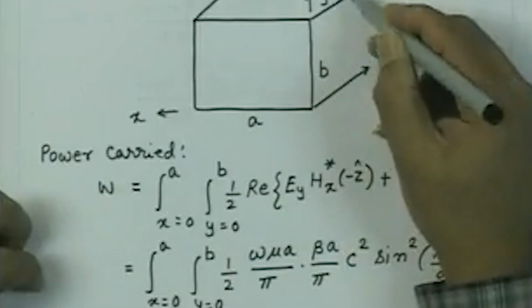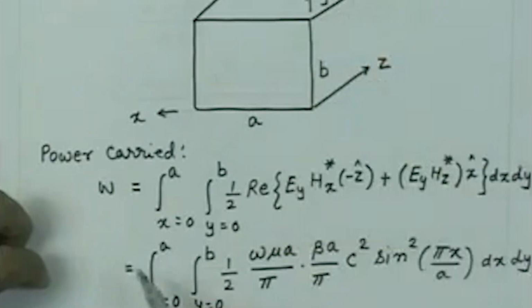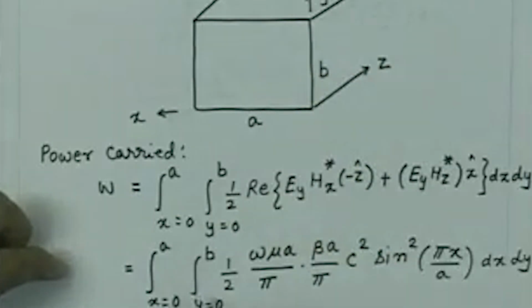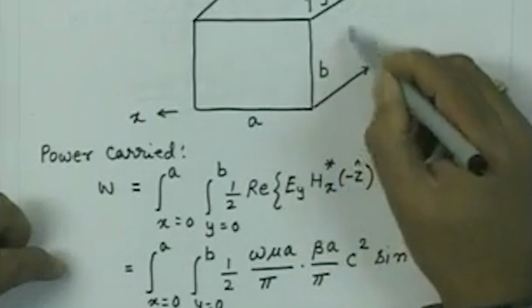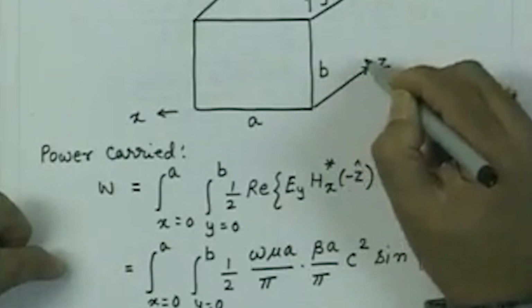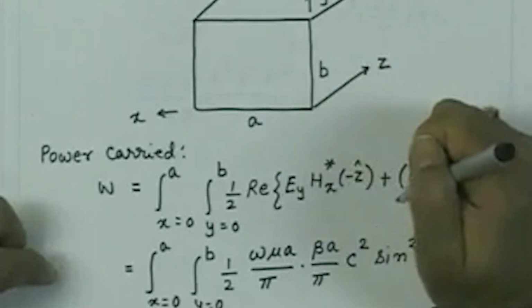So, on this wall the current is constant, because the z component of the magnetic field, which is Hz, does not vary as a function of y. So, on this wall essentially we have the current which is oriented in this direction, and it does not vary as a function of y.